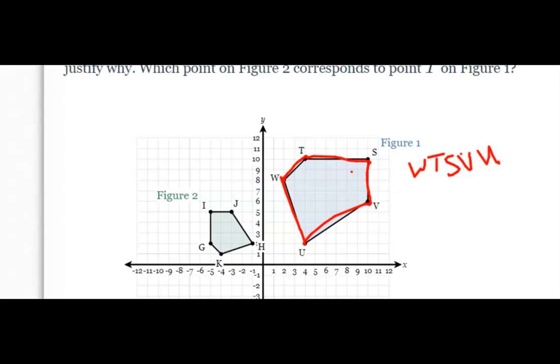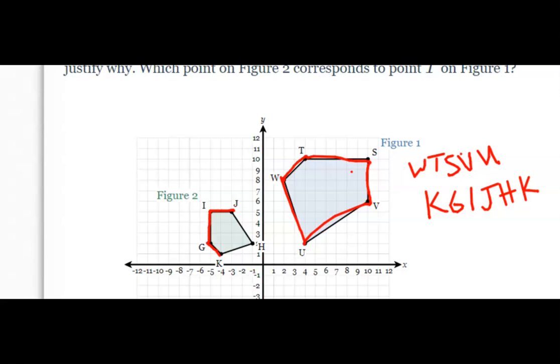Isn't that a show on TV? And so then we come over here and we're trying to look for that same connection. KGIJHK. Sometimes writing that out can help you find the match. So W matches to K, T matches to G, and that's what they were asking for.